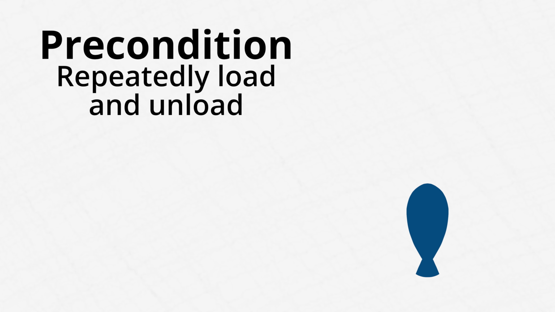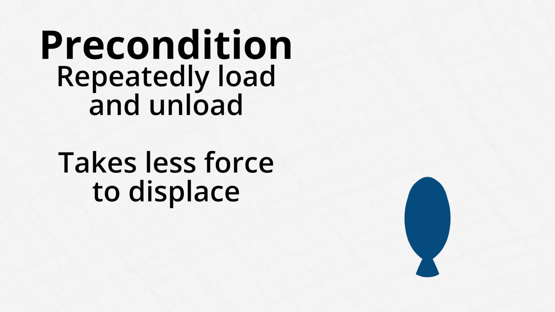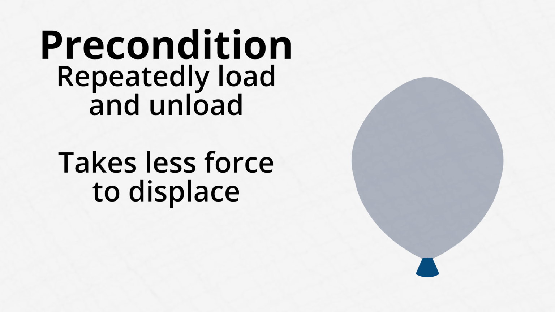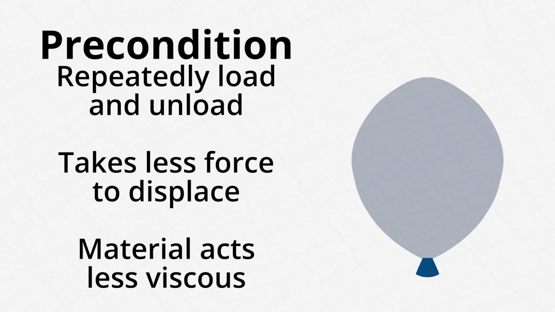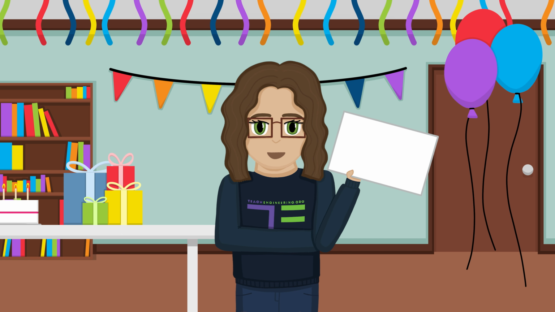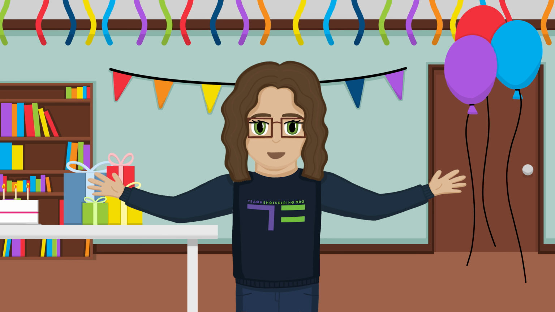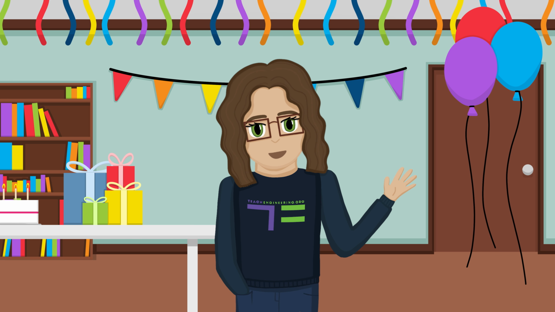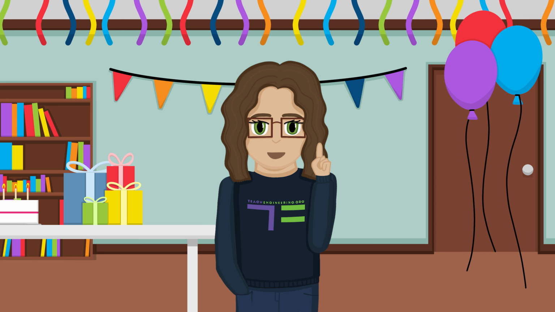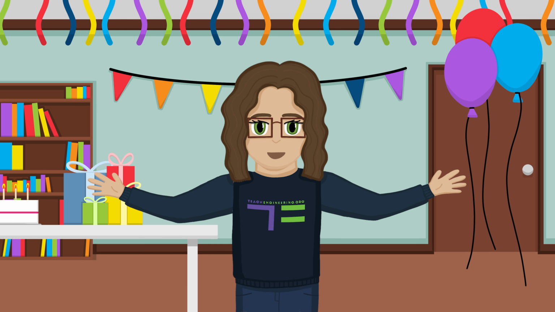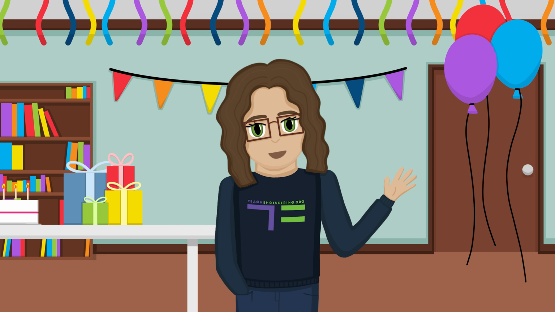And the more that you precondition one of these materials, meaning the more you repeatedly load and unload it, the less force it takes to displace the material, and the less viscous the material acts. And just like that, we now know a lot about viscoelastic materials. And we know why stretching a balloon makes it so much easier to blow up.